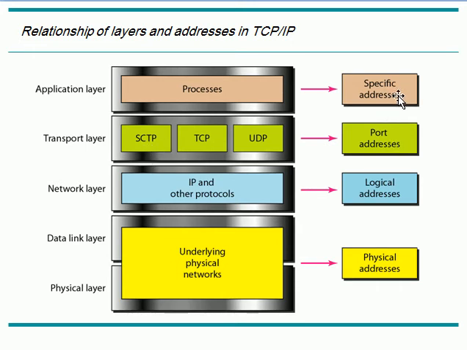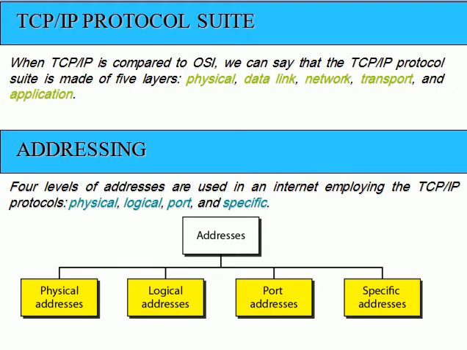And we have a specific address. This is the application layer. So we have 4 types of addresses, as we have said. If you want to connect to the internet, you should use these 4 addresses. Number 1 is the physical address. This one is burned on your NIC card, you cannot change it.